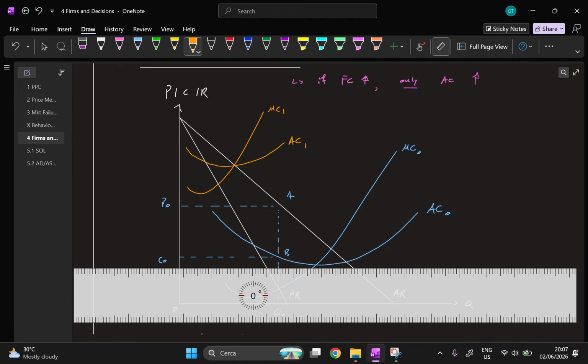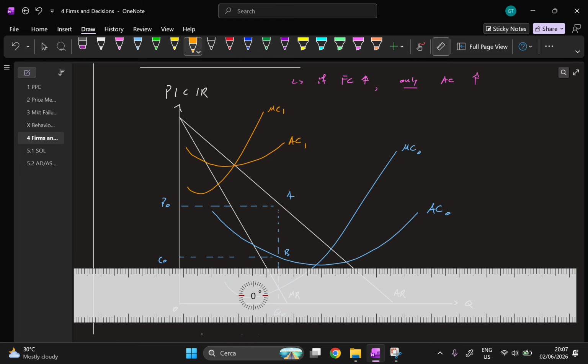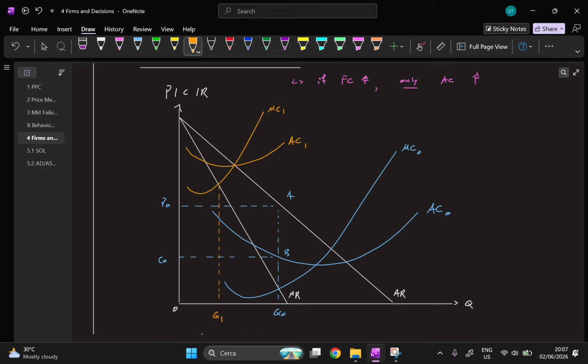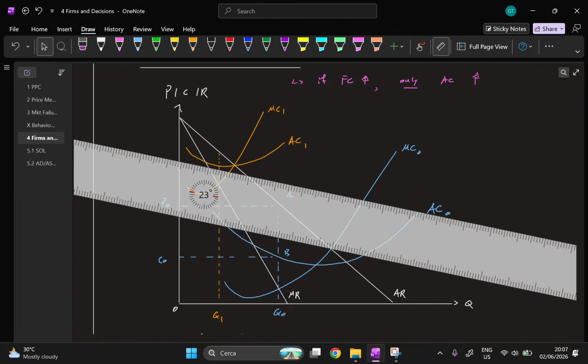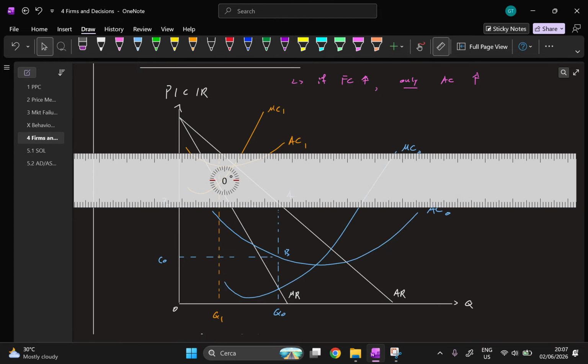Okay, so what's going to happen? Where is my new profit maximizing output? It's going to be at this point here, right? Where my MC1 equals MR. So this point here, I extend downwards. I get my new profit maximizing output Q1. And then I extend upwards all the way until it hits my AR. Then I stop. Then at this point, I swivel my ruler left and extend to the left.